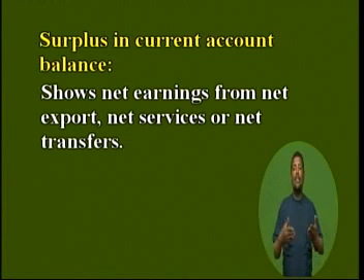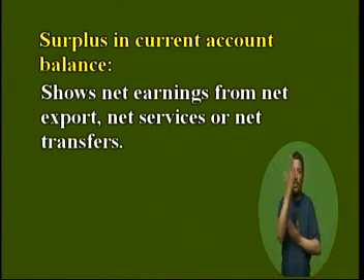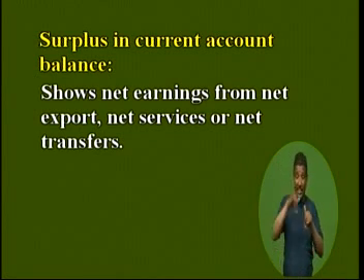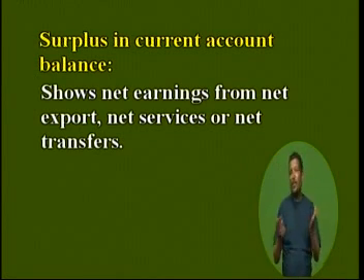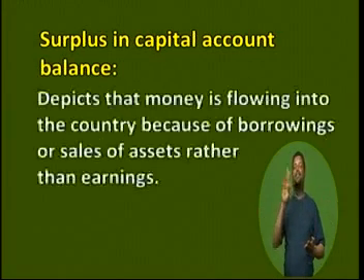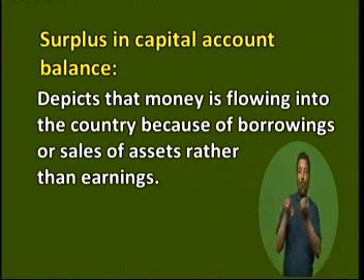The earnings could be from net export, net services, or net transfers. A deficit in current account implies just the opposite. A surplus in capital account balance depicts that money is flowing into the country.